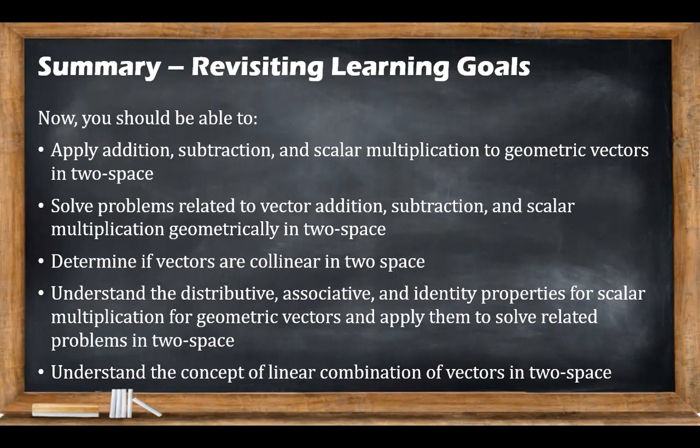Then determine if vectors are collinear in two space. Next, understand the distributive, associative, and identity properties for scalar multiplication for geometric vectors, and apply them to solve related problems in two space. And last, understand the concept of linear combination of vectors in two space.